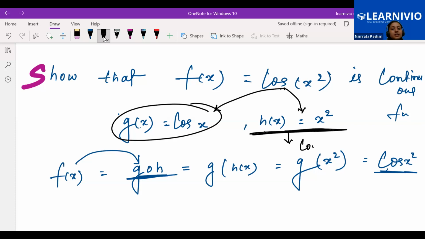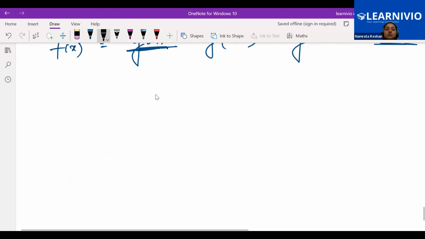Okay, it's continuous everywhere. And this cos x is the cosine function. It is also continuous everywhere, right? Yes. And hence this g of h will be a continuous function. That means f of x is a continuous function. Getting it, Fatima? Yes.